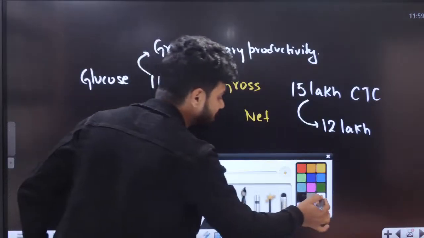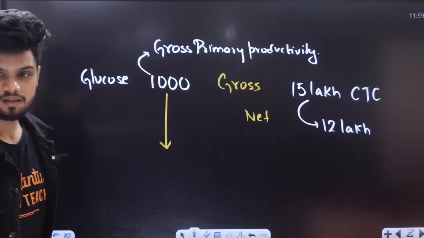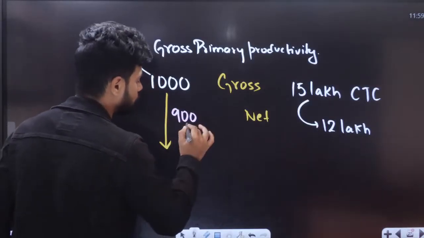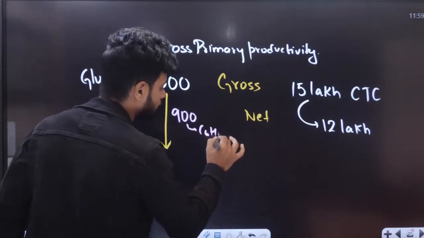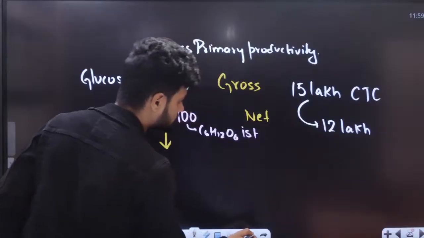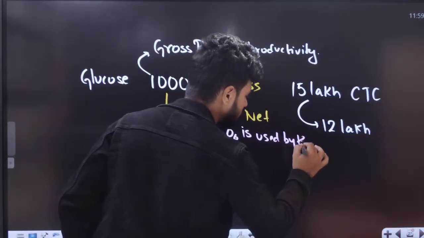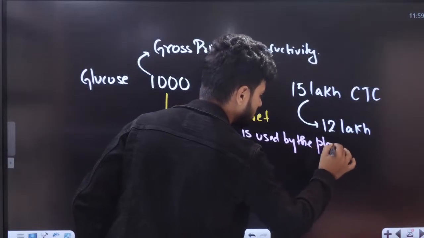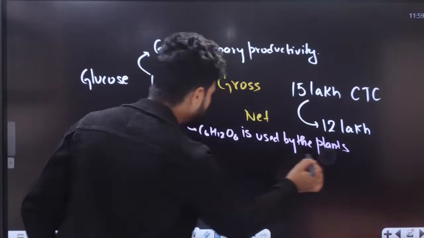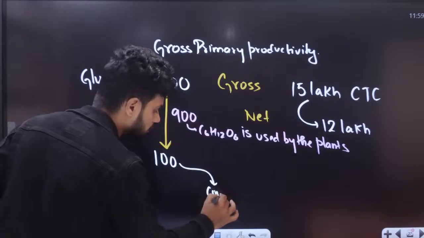Tell me, what is 90% of 1,000, students? 90% of 1,000 is 900 molecules of glucose, taken or used by the plants, and the remaining 100 is given to the consumers.